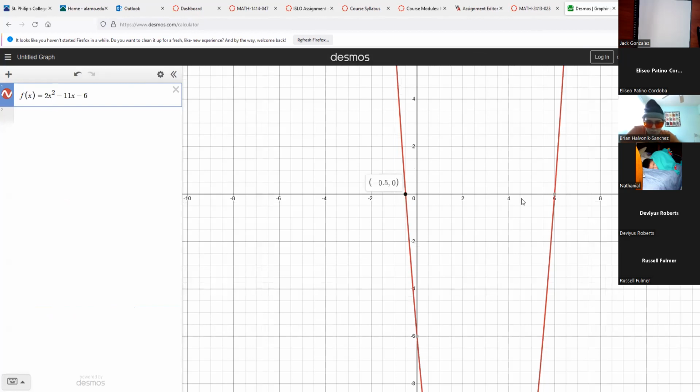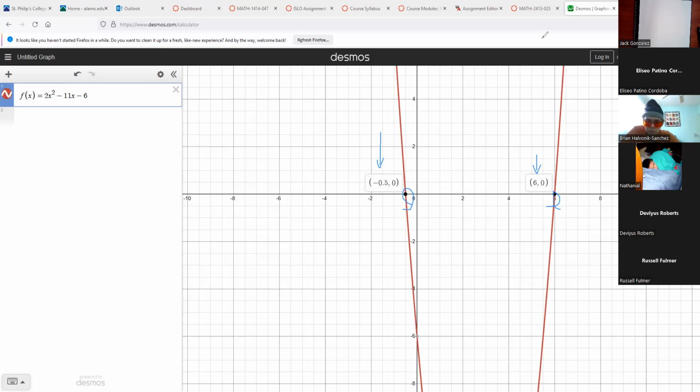So you can see them right here, right? The solutions. So when you solve this by hand and algebraically, the x's that we solve for are going to be these two numbers, the 6 and the -0.5. So visually we're solving for the x values of the function when your function is 0. Okay.